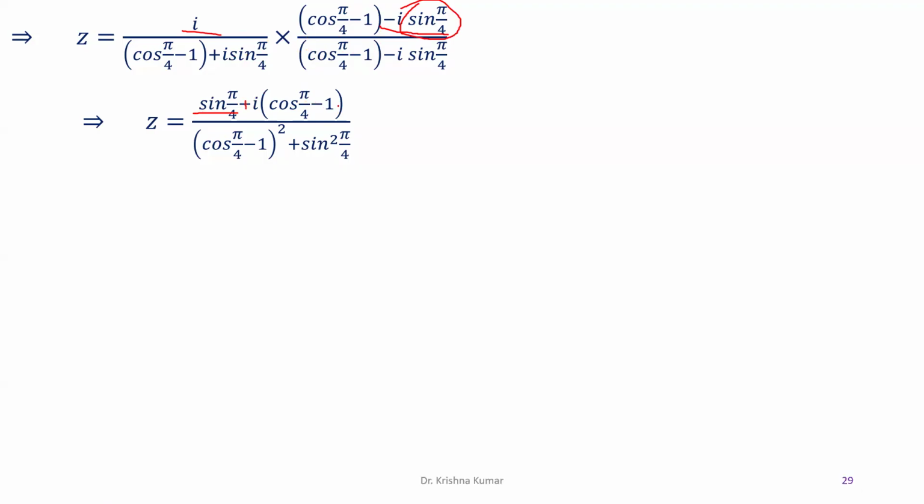The denominator is (a + b)(a - b), so (cos pi/4 - 1) whole square minus i square sin square pi/4. Minus minus becomes plus, so it is sin square pi/4. So z is equal to [sin pi/4 + i(cos pi/4 - 1)] upon the denominator.